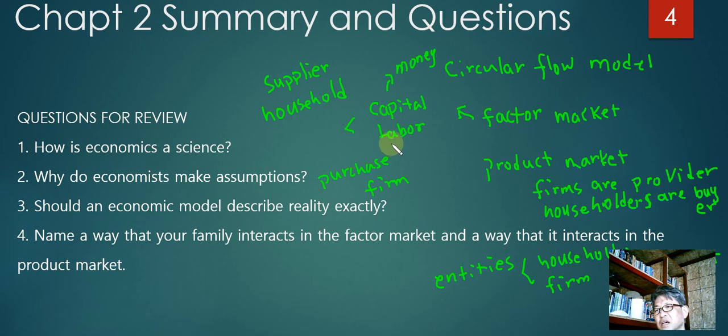And then land also. The land is rented by the firm from households. So the capital for production of a firm is classified as capital, labor, rent. These are factors.